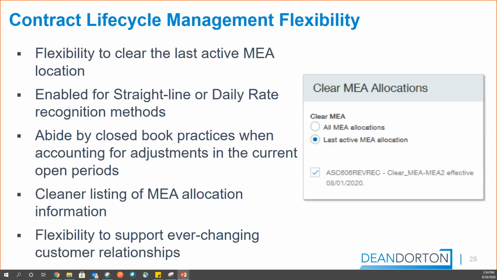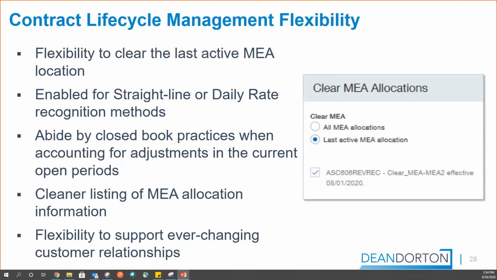Contract lifecycle management. The biggie here is that previously, if you had MEA allocation errors, multiple element arrangement, so that's using advanced revenue recognition in Sage Intacct with contracts, if you needed to correct an MEA allocation error, it was kind of like playing a board game where you almost had to make it to the end of it and then go back to start and want to tear your hair out.